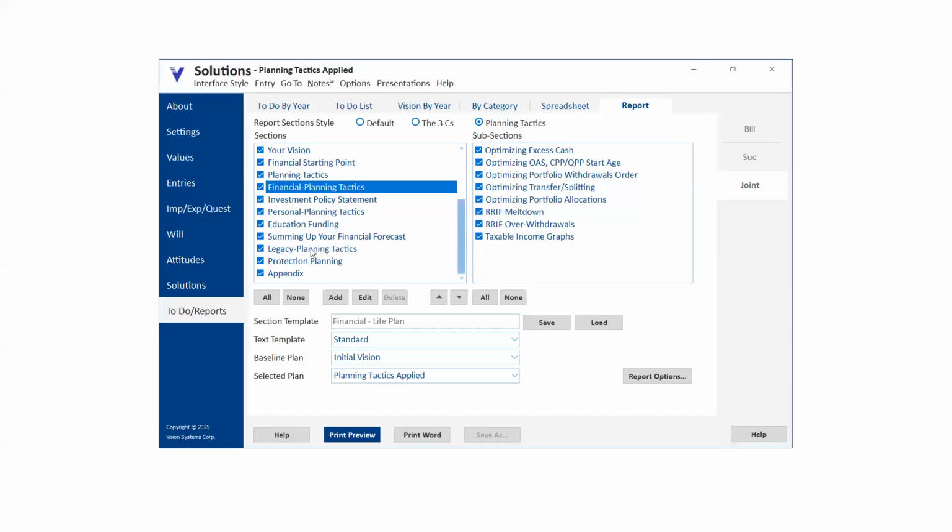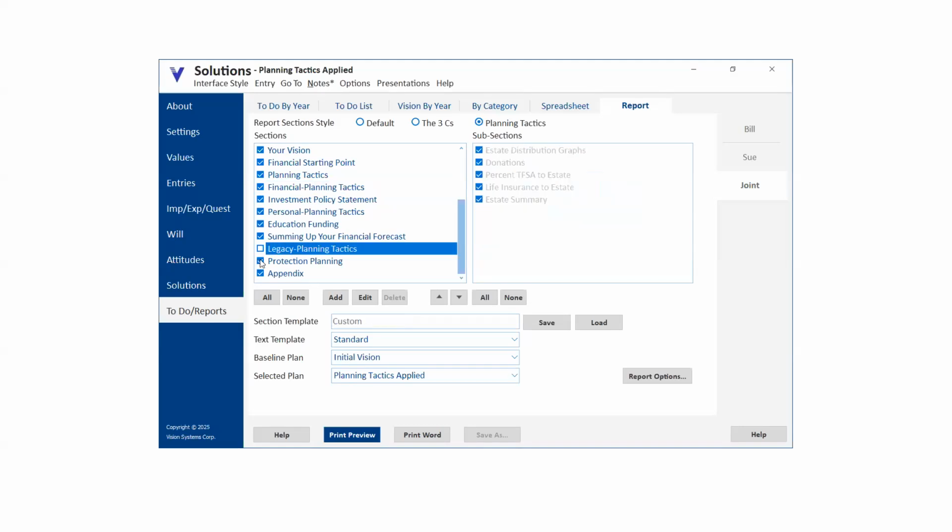The reason that I suggest this is if you include all the financial planning tactics, how are we going to get you from where you are to where you want to be from a wealth point of view, and the legacy planning tactics, all the estate planning tactics, and all the protection planning tactics, you're going to create a very long report. So my recommendation is that you have 3 focused reports. It lightens everything up for clients, and I think just makes the planning process more digestible for them.